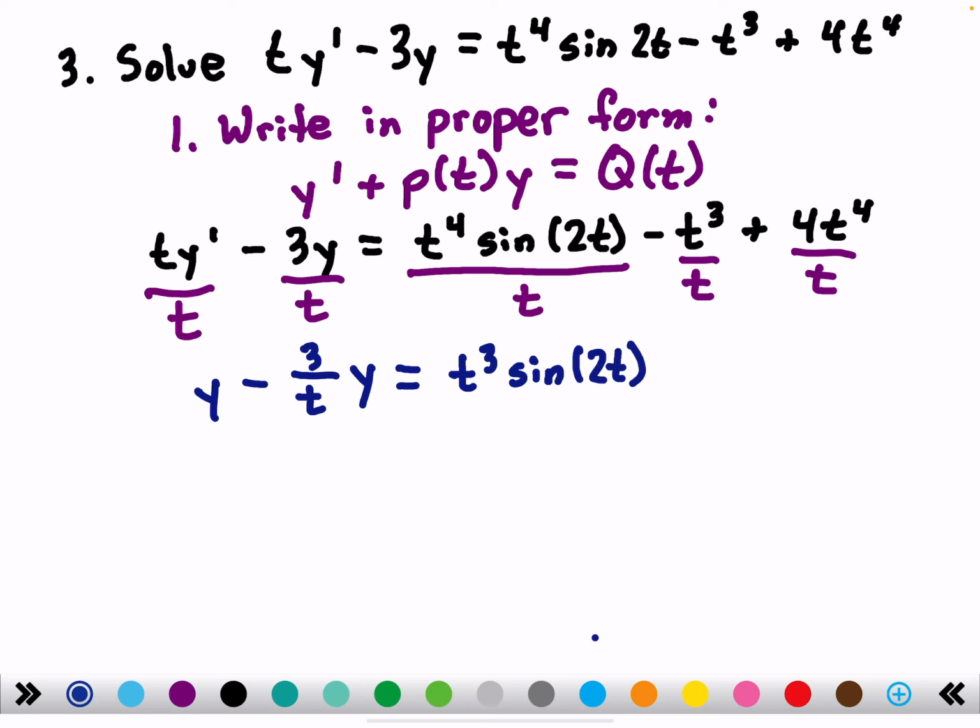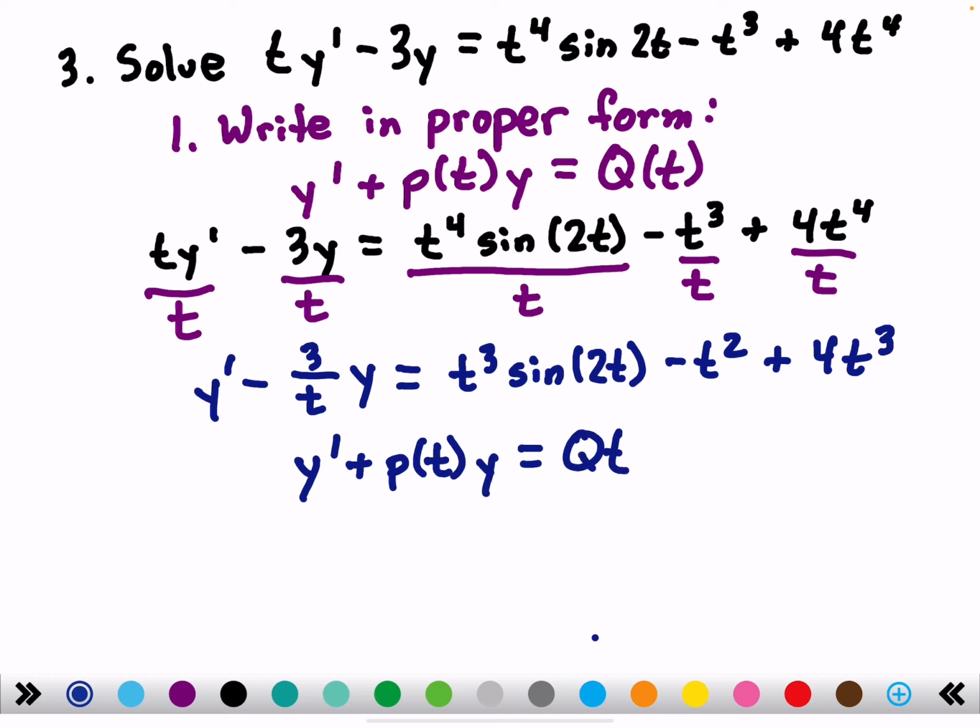T cubed divided by t is negative t squared. T to the fourth divided by t would be plus 4t cubed. So this is now in the proper form: y prime plus p sub t times y equals q sub t.